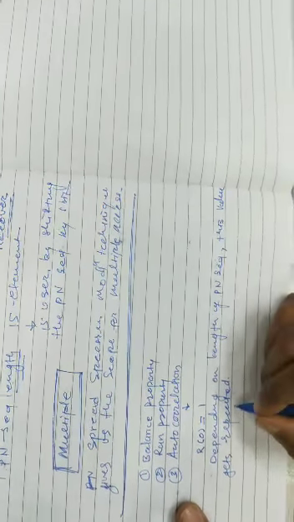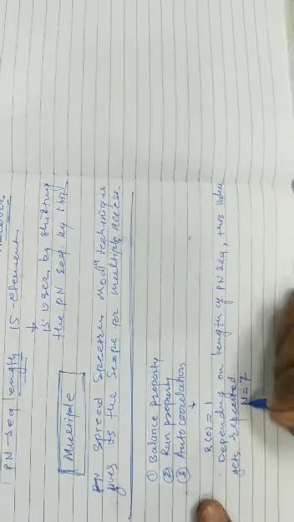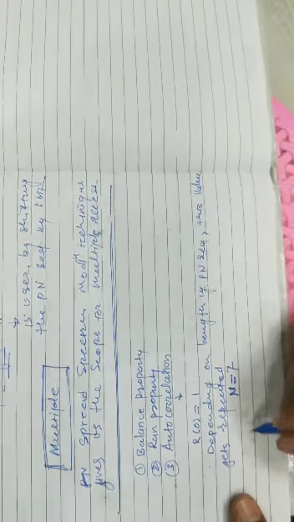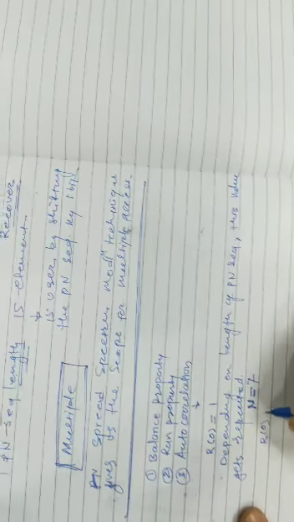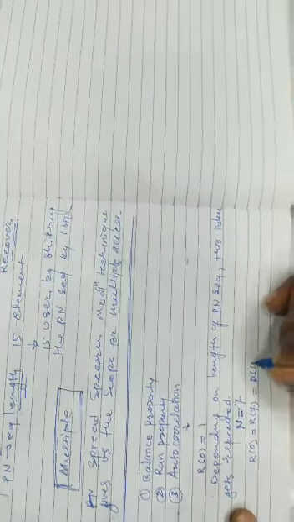For example, if the length of the PN sequence is N equal to 7, then R of 0 is equal to R of 7 is equal to R of 14.